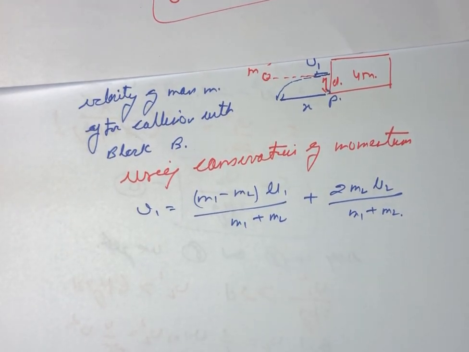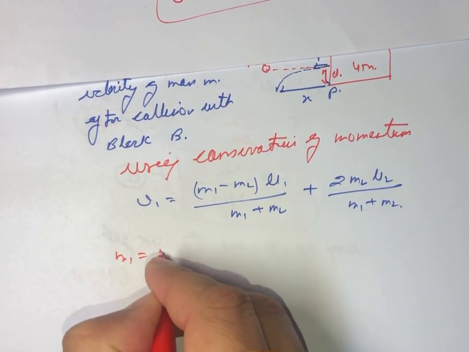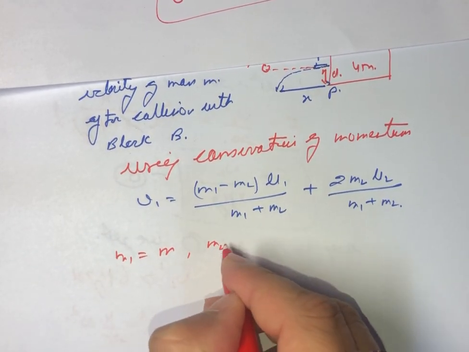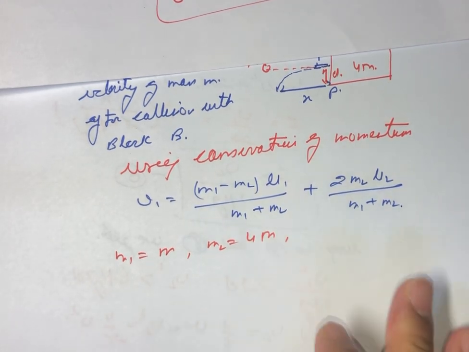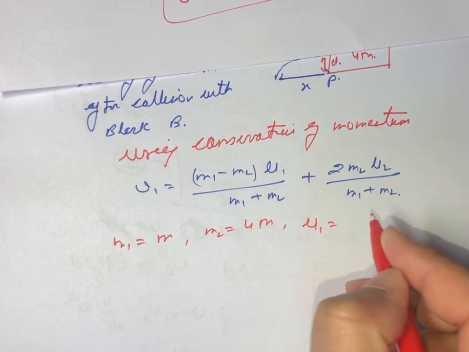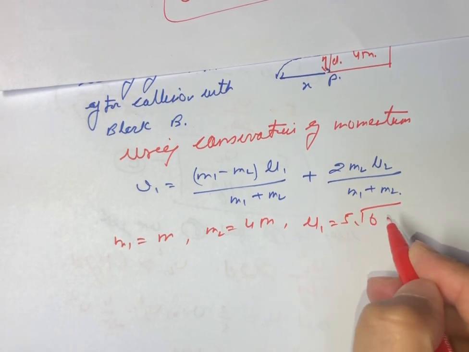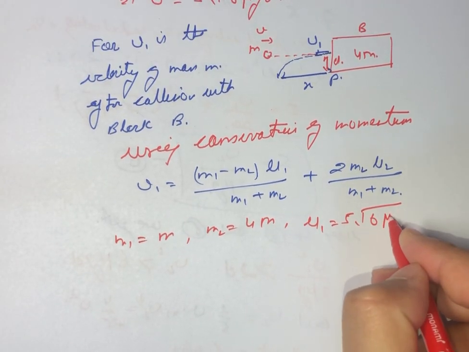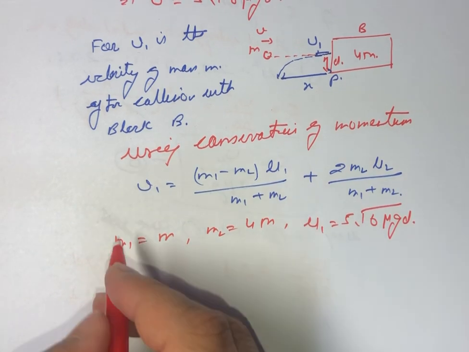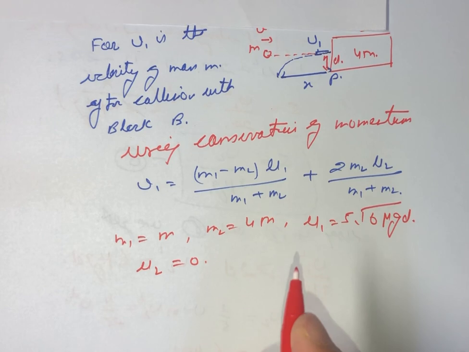Now herein the value of m1 is m and m2 is 4m, and we have u1, whose velocity we found out is 5 root of 6 mu gd, and u2 is equal to 0.